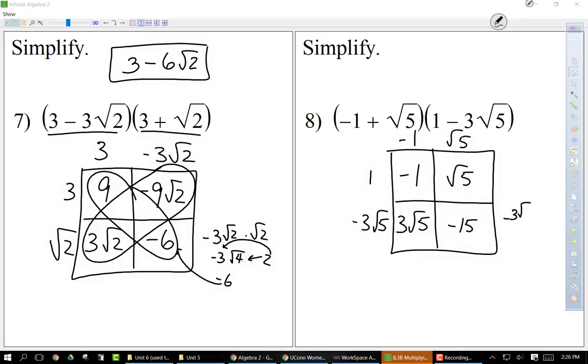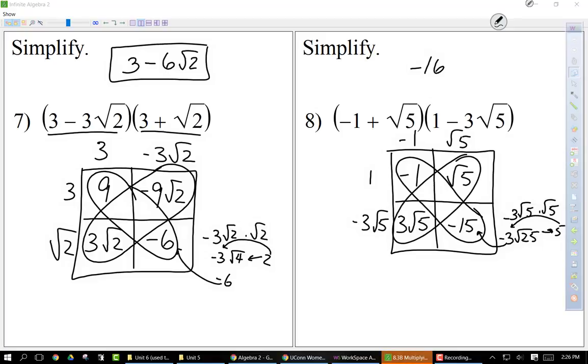How? It's negative 3 root 5 times root 5, which gives me negative 3 root 25. Root 25 is 5, and 5 times negative 3 is negative 15. Combine to get negative 16. Combine to get plus 4 root 5. Again, they're not always going to work out that nicely. You just have to go with the flow.